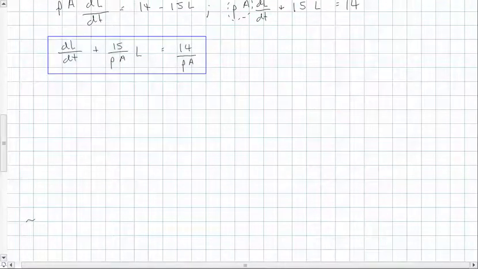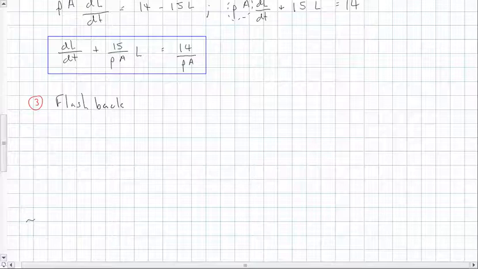If you have sort of a flashback to the days before thermo, we remember a couple of ideas. One is the product rule.